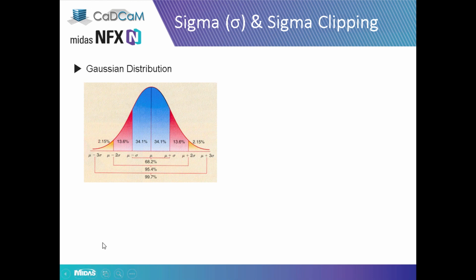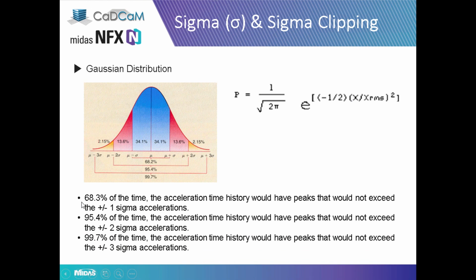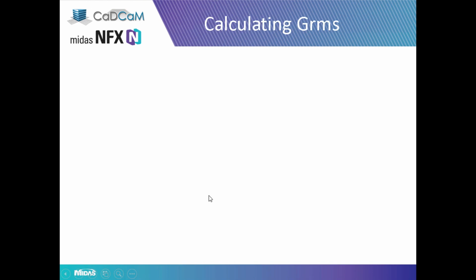Plus or minus 2 sigma is 95.4% of the time, and 99.7% defines the 3 sigma time that the system is exposed to. This is the Gaussian distribution, and this is the elaboration of the percentages for 1 sigma, 2 sigma, and 3 sigma.